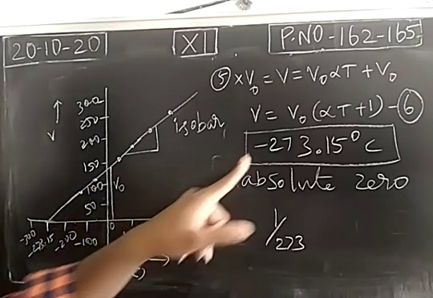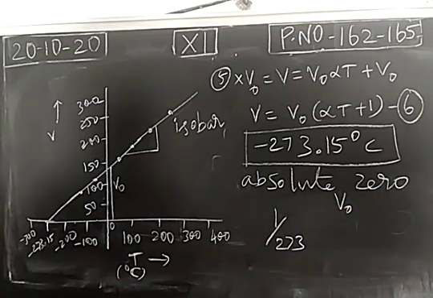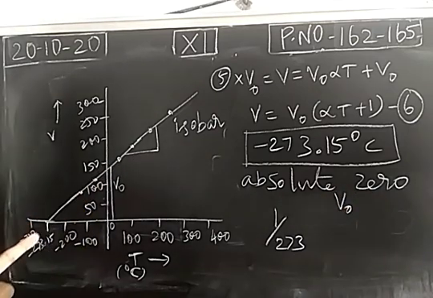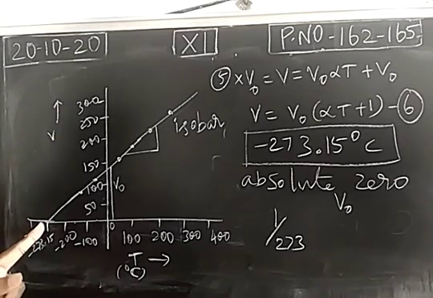It intersects at minus 273.15 degrees Celsius. We call this absolute zero temperature. This temperature is called absolute zero because the volume is zero, isn't it? When the line intersects, what is the volume of the gas? Volume of gas is 0. Beyond this temperature, volume will be negative, but practically it is impossible, isn't it?